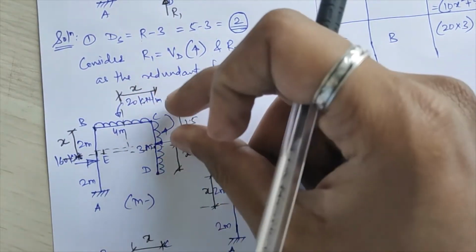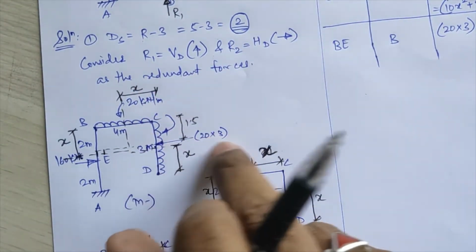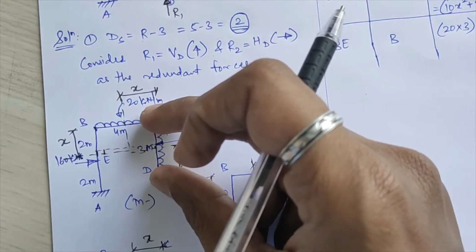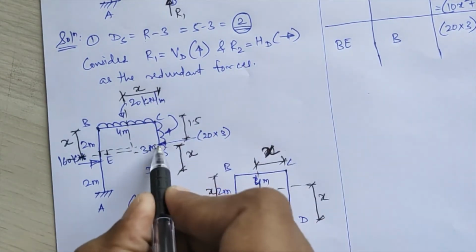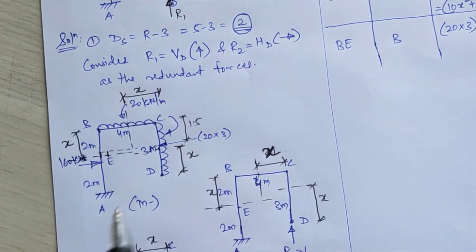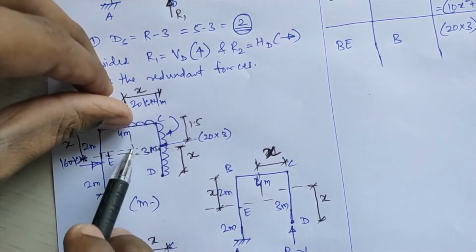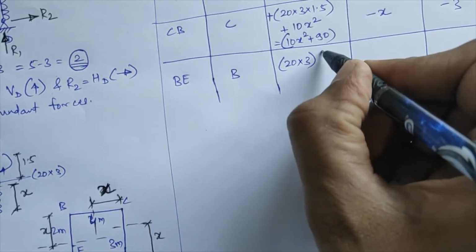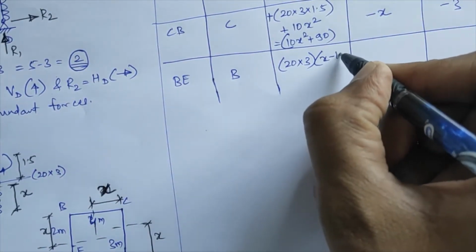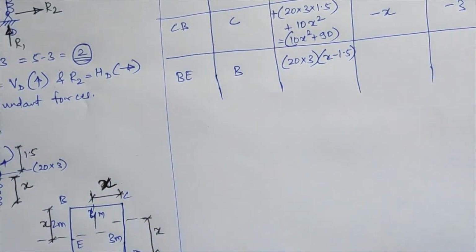Why? Because it is half of the 3, and this 20 into 3 will be acting at half the distance, that is 3 half equals 1.5. So whatever this 1.5 you are getting, you need this distance, so you get x minus 1.5. So the lever arm for this loading becomes x minus 1.5.